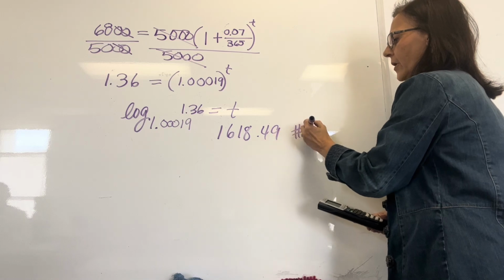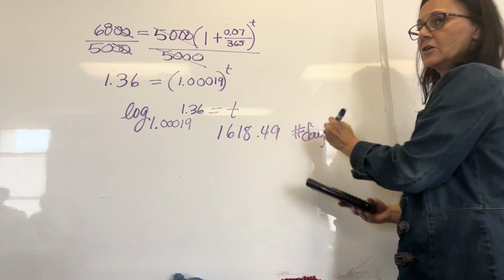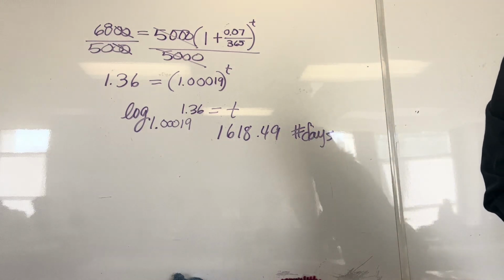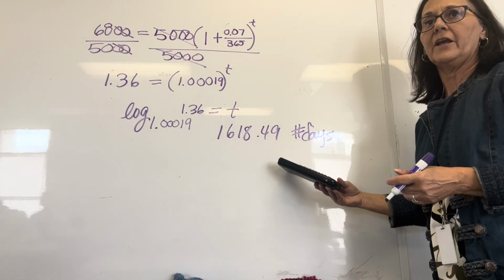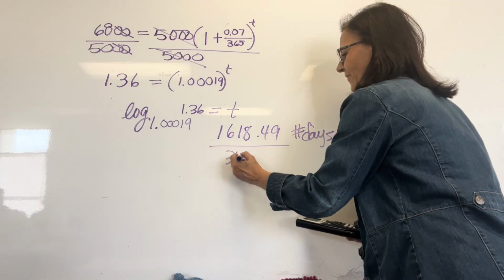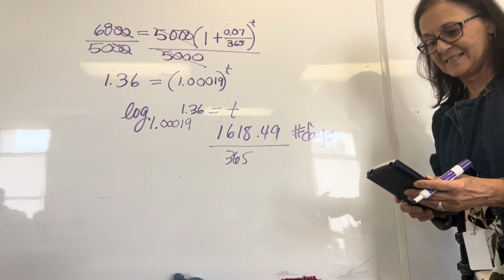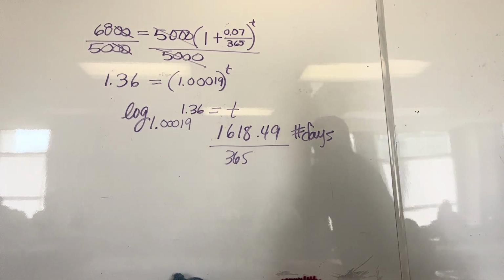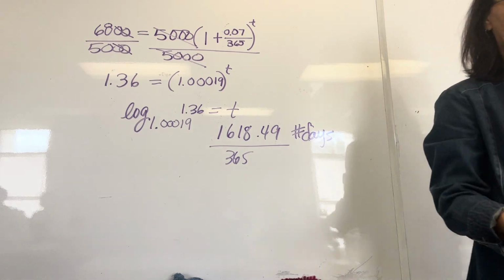This is the number of days, because we're talking about days. So they probably want the answer in years. So how do we get it in years? Divide by 365. Simple conversions. How many years? 4.4. 4.4 years. Got it?